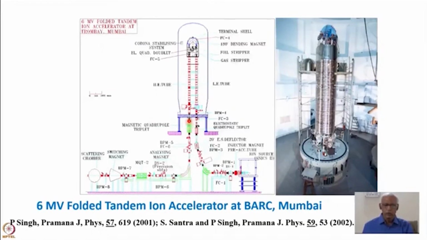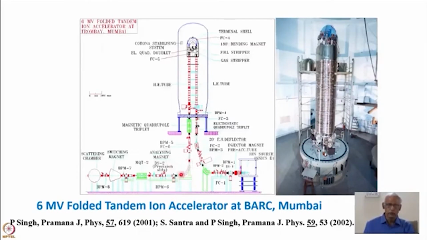Now here the particles which are coming out are analyzed for energy and mass using this analyzing magnet, and then they go to the scattering chamber where the experiments are done. We know the approximate energy with quite a good accuracy, but for doing the resonance experiments with widths of electron volts, this energy has to be accurately known, and therefore we have to do calibration of this magnet, because that is the only thing we can do.